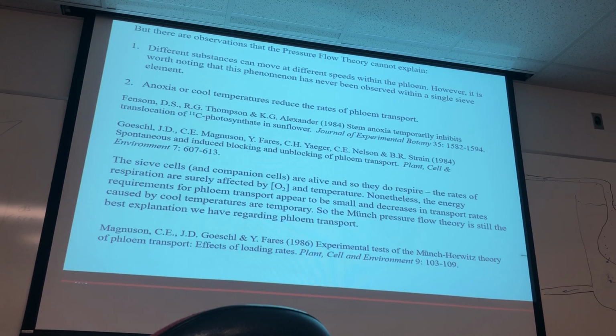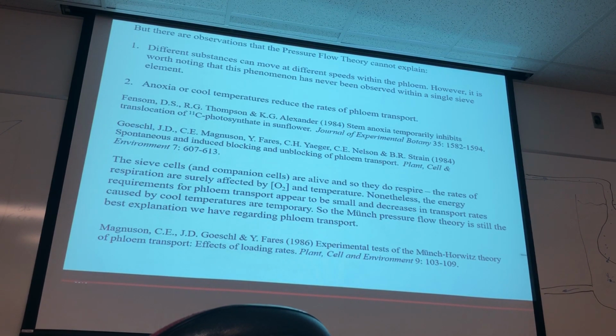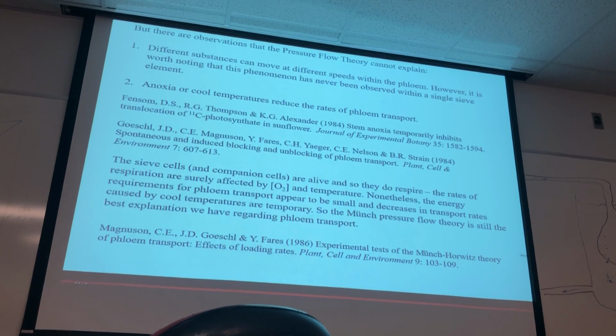And this leaf is photosynthesizing, and things are moving in the phloem through the petiole out to wherever they're moving. You can measure the rate of this transport by using a radioactive isotope, carbon-14. And you can measure a rate of movement in the phloem.